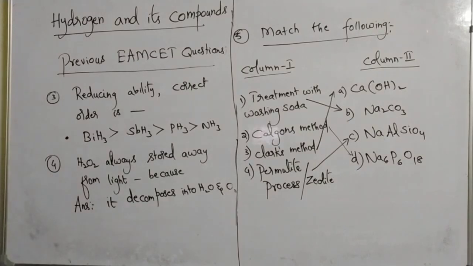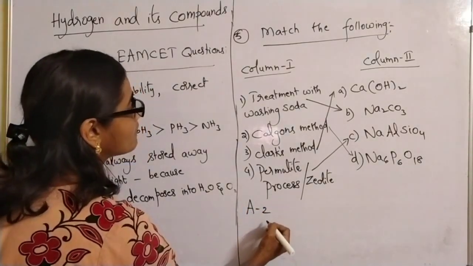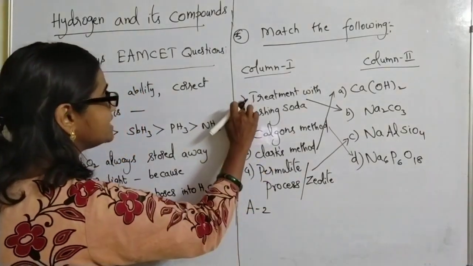So what is the option? For A 2, for B 4, for C 1, for D 3. Here this side A B C D they give.